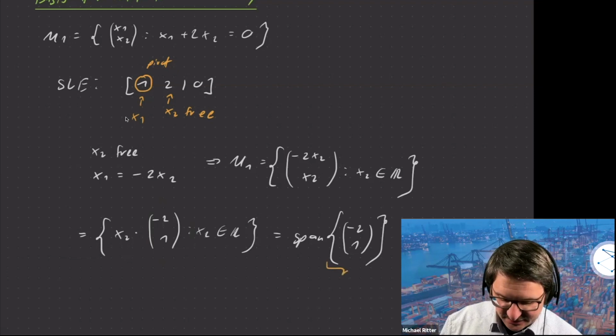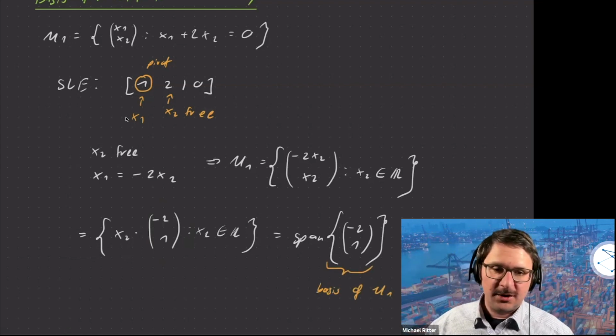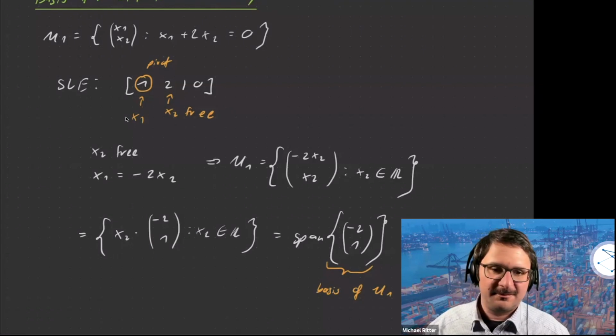So this set is a basis of U1, and U1 is one-dimensional. That's how you can compute the basis for this vector space U1. Any other questions we should answer?